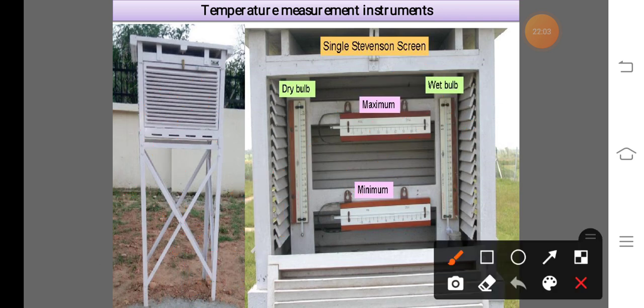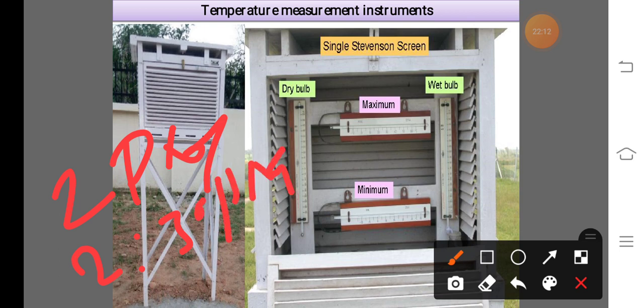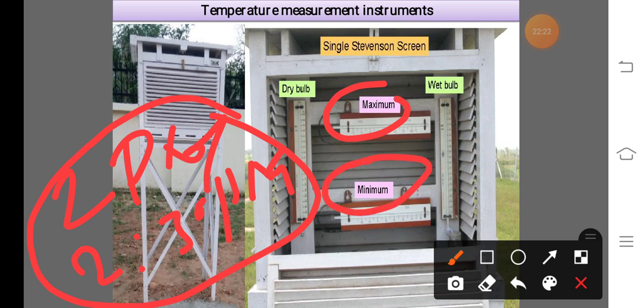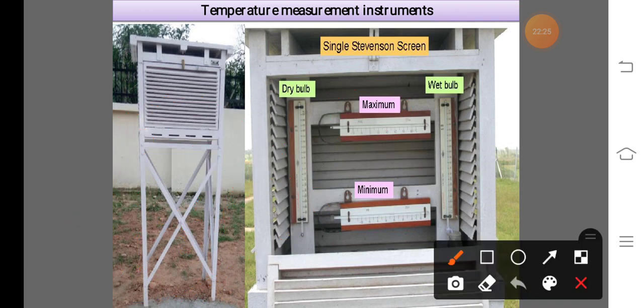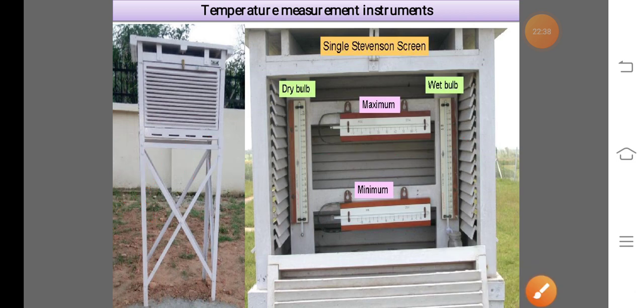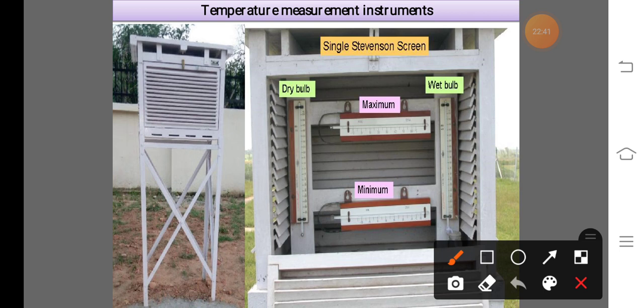That means at Indian Standard Time it is at 2 p.m., or at local mean time, which is based on longitude, it is 2:30 p.m. While studying the measurement of atmospheric temperature, we will discuss in detail the time of observation of the different thermometers, maximum thermometer and minimum thermometer. Just keep in mind the maximum thermometer's time of observation is 2 p.m. at Indian Standard Time, and it is used to measure the maximum temperature in a day.